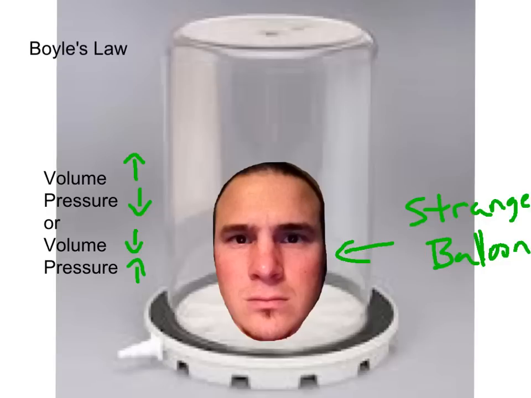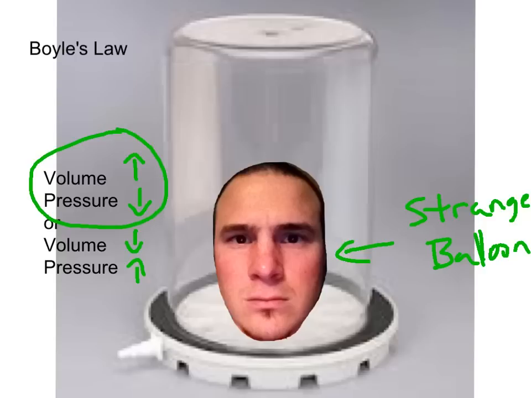So let's say I have this weird looking balloon here that's a Mr. Maxwell face, and I can control the pressure in this chamber, and I have air particles inside this balloon. If I decrease the pressure, then the volume will increase.